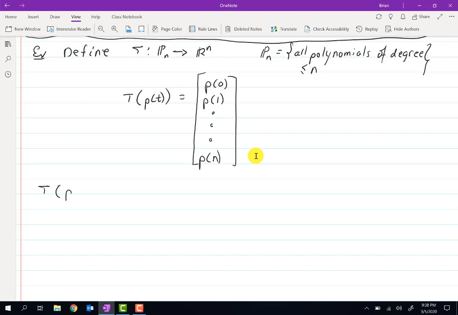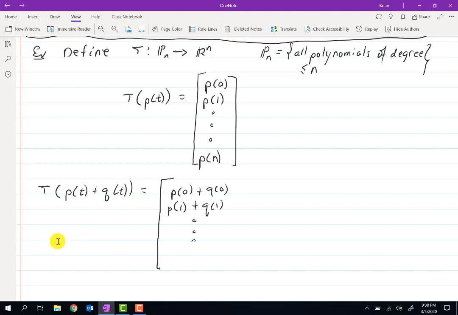If I have two polynomials, p of t and q of t, according to this rule, I'm going to send that to p of 0 plus q of 0, p of 1 plus q of 1, all the way down until I get to p of n plus q of n.